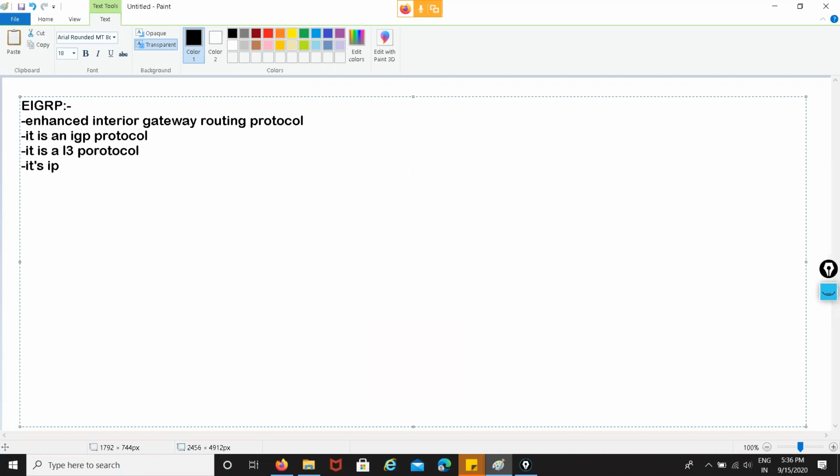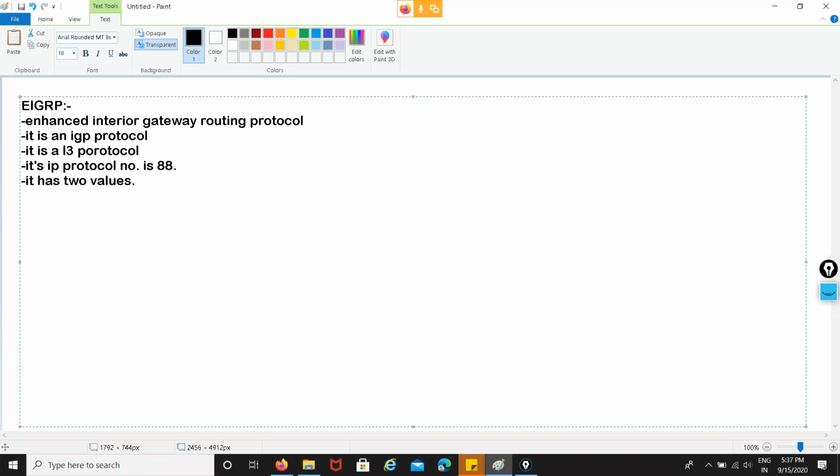Its IP protocol number is 88. Its AD value, actually, it has two AD values.